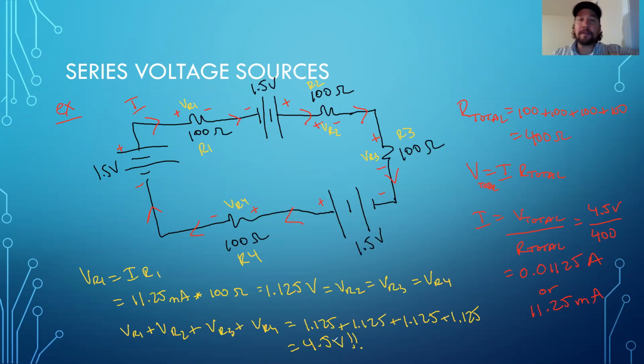Now, if you're still not getting this, in a couple of videos, I'm going to talk about something called Kirchhoff's voltage law. It's just a way of proving that what I'm doing here, this whole calculation on top of Ohm's law, is correct.